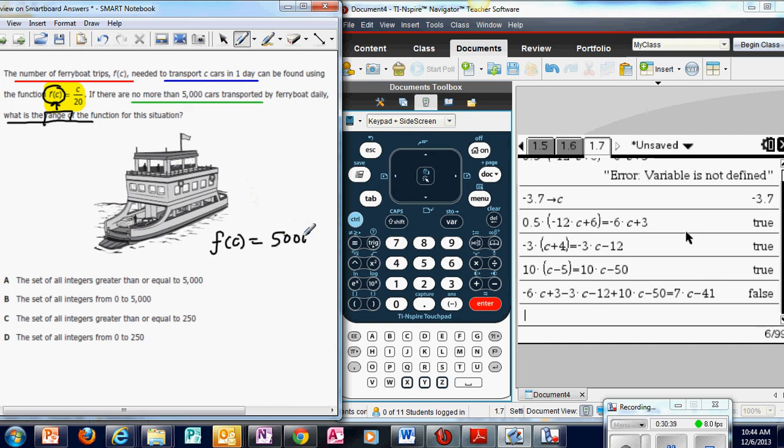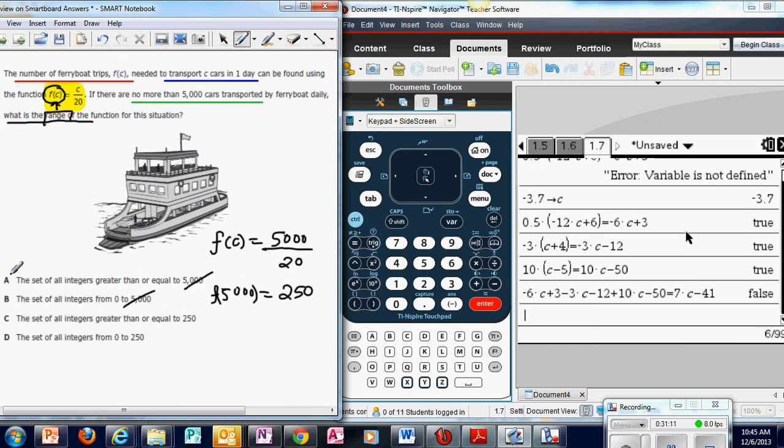So we'll plug that value into the equation, and it simplifies to, actually, f of 5,000 gives us 250. So if we can have no more than 5,000 cars, then f of c can be no more than 250.